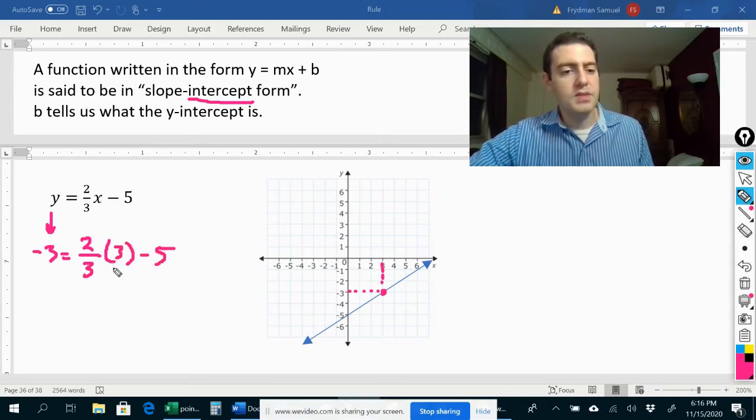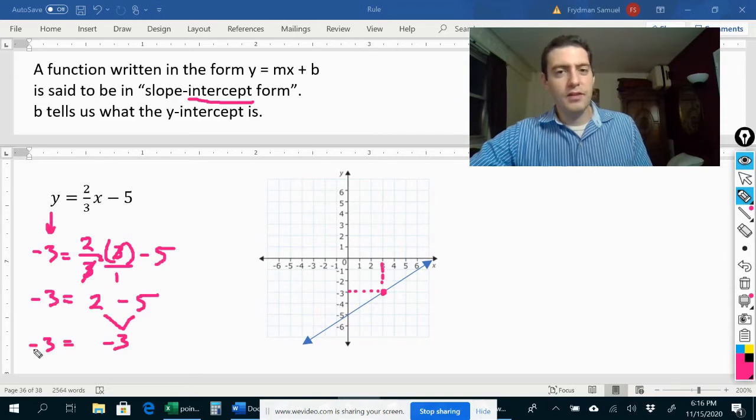This is like times 3 over 1, and these 3's cancel, and I get 2 over 1, which is just 2. So I have 2 minus 5 on the right side, -3 on the left side, and 2 minus 5 is -3. So I have -3 on the right and -3 on the left. So yes, this actually is a solution to this equation.